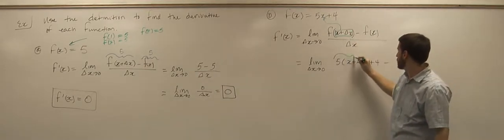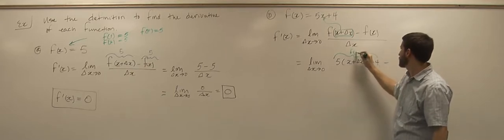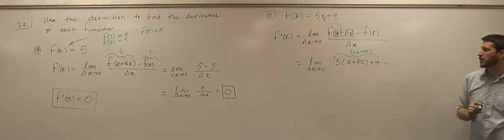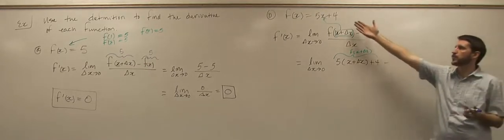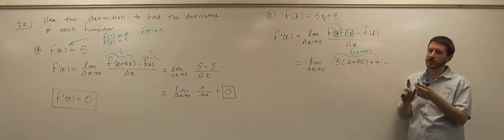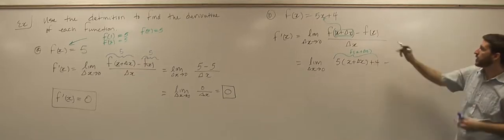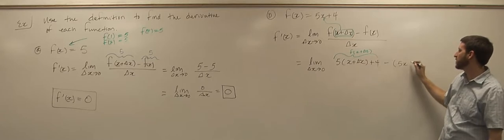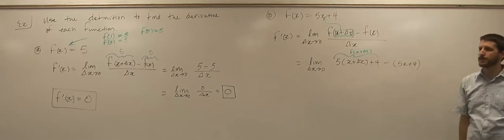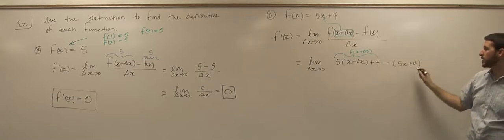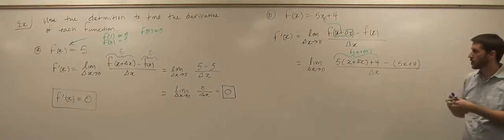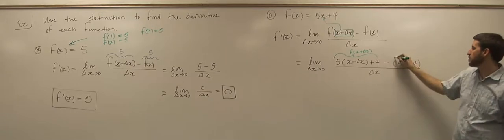And then f of x, you just recopy, but be careful, don't mess your signs up. You have to subtract the entire function, so minus 5x plus 4 in parentheses. That negative goes to everything. So here's minus f of x.